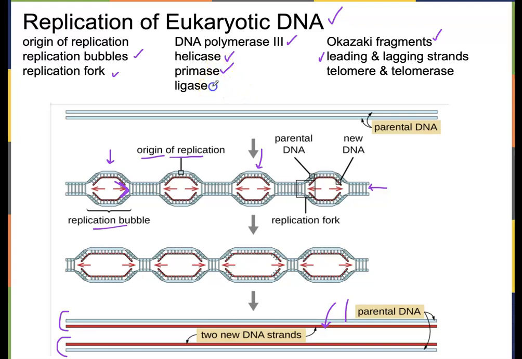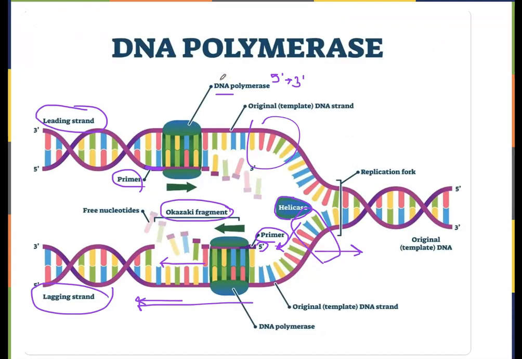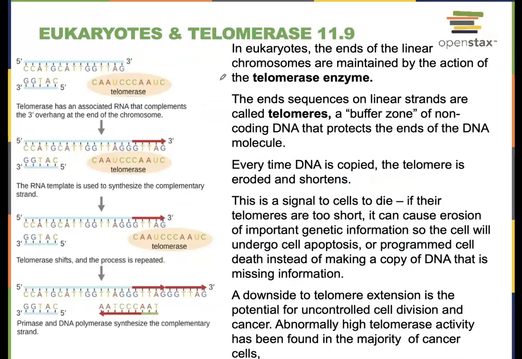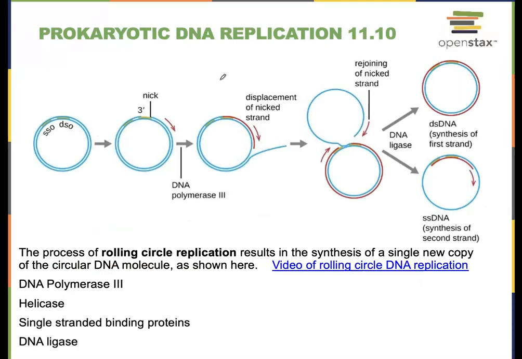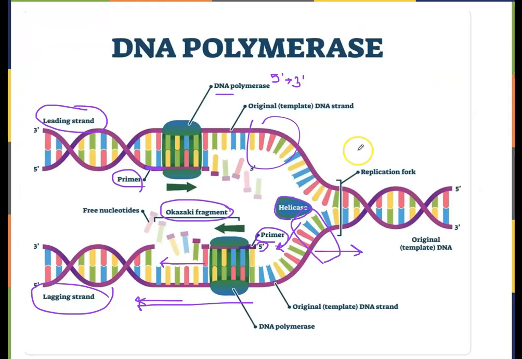Now, our last enzyme is called ligase. I don't think we see ligase on this picture, so I'll just go back to our first picture. Because the Okazaki fragments are not going to be complete, there are going to be little gaps in the backbone between those Okazaki fragments.